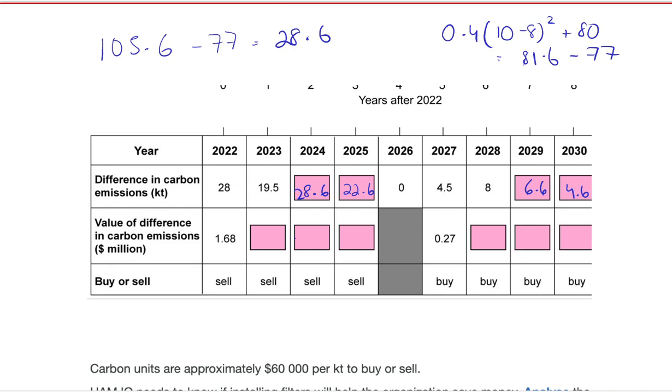Wait a second. For 19.5, yeah, we were doing the right thing. 19.5, so we will get an answer of 1.17. For 28.6, we have to multiply the values with 60,000.